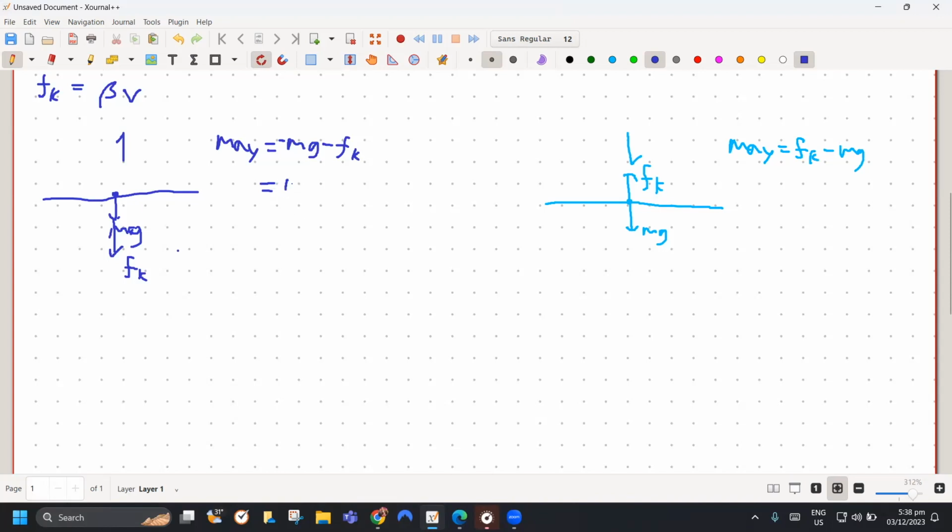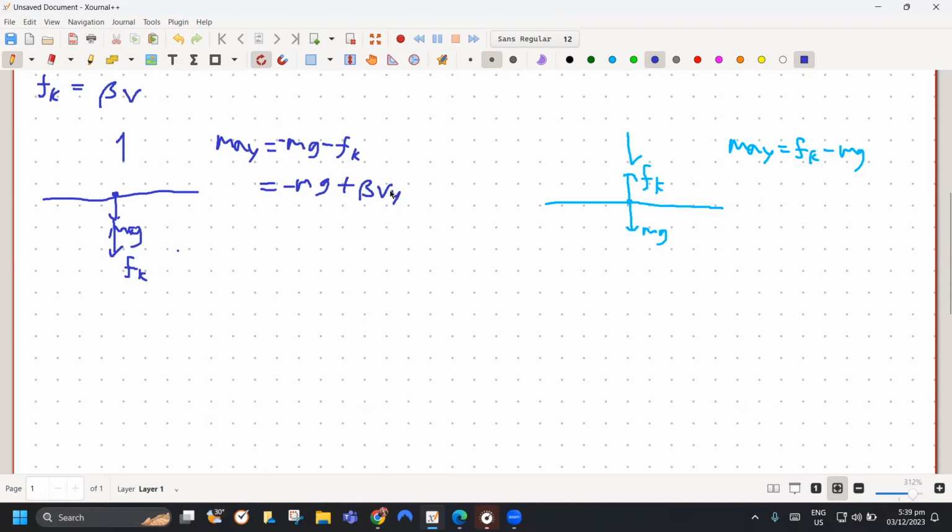So minus mg minus... gawin mo yung variable na Vy para velocity siya.